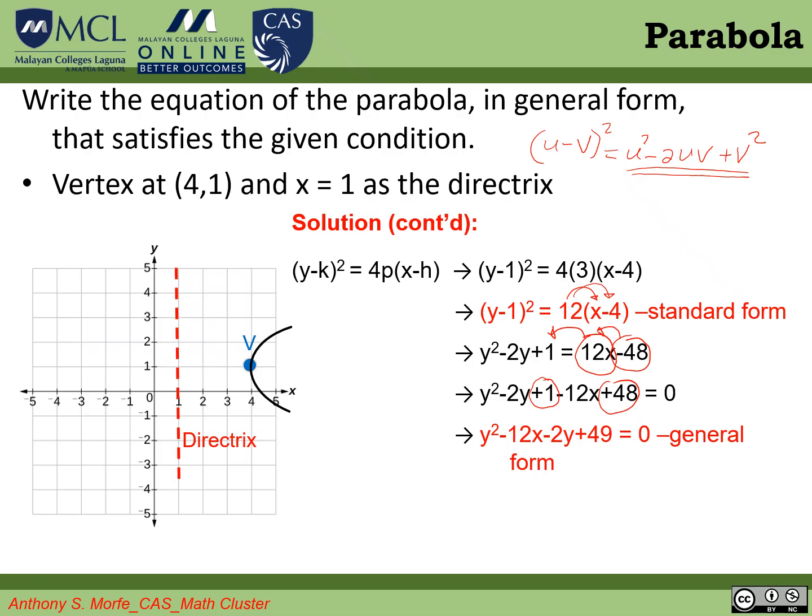And we can identify that by looking at the right side. If the right side of the equation is equal to 0, it means that the resulting equation is now in general form. Okay, so that's it for this part.